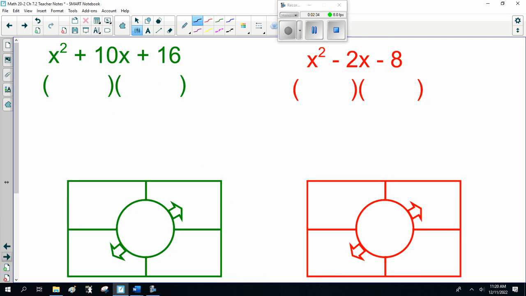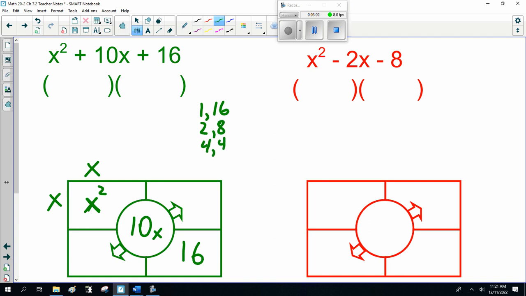Now, you would have learned this back in Math 10C, so I'm not going to spend a lot of time on it. Now, x squared plus 10x plus 16. I set it up in the box like this, and I go, okay, the only way to get x squared is to be x times x. Now, two numbers that add together to be 10 and multiply to be 16. Well, the factors of 16 are 1 and 16, 2 and 8, 4 and 4.